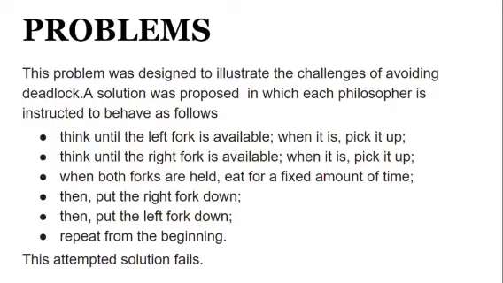With the given instructions, this state can be reached, and when it is reached, each philosopher will eternally wait for another to release a fork, which sums up that this attempted solution was a failure itself.